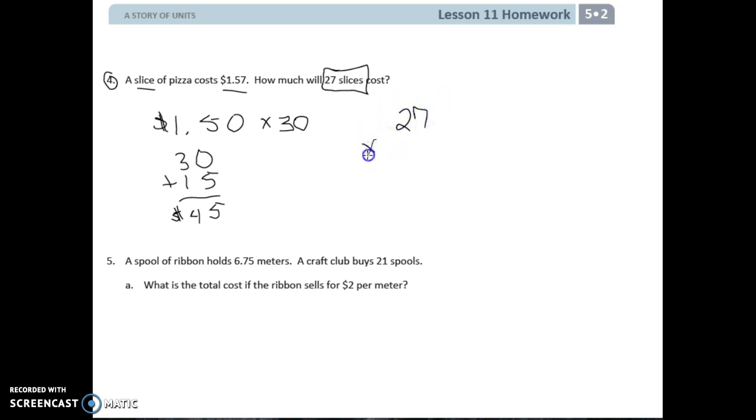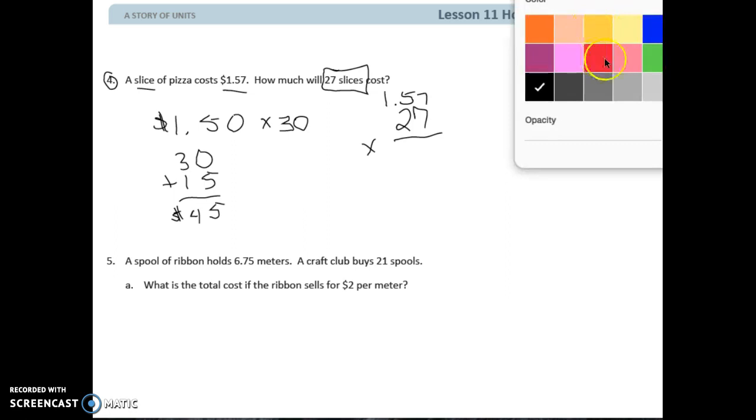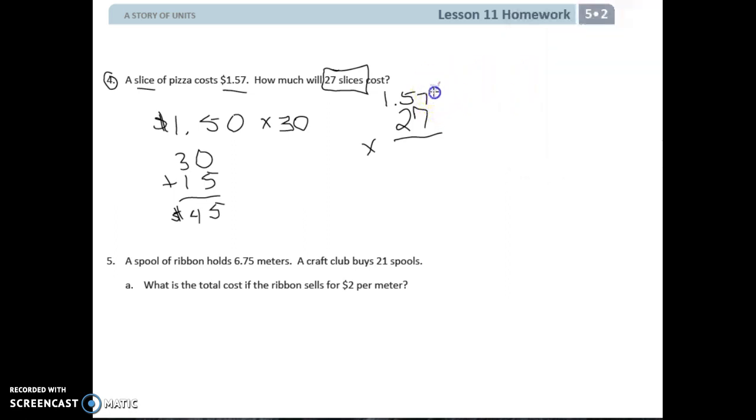So if we have 27 times 1.57, and we want to get rid of the decimal, so we want to move over 2 place values, so we're going to say times 100. So now I can just play along and not pay any attention to the decimal because I said times 100.